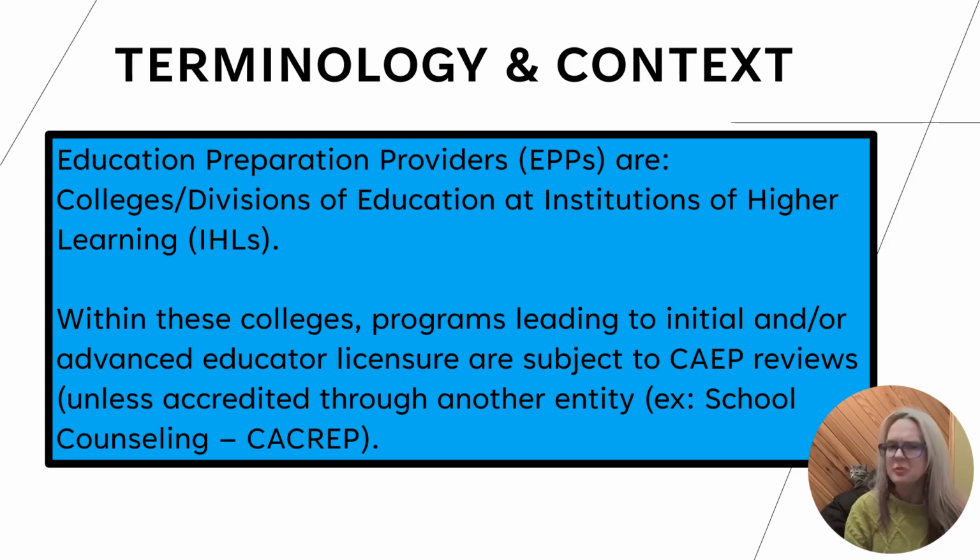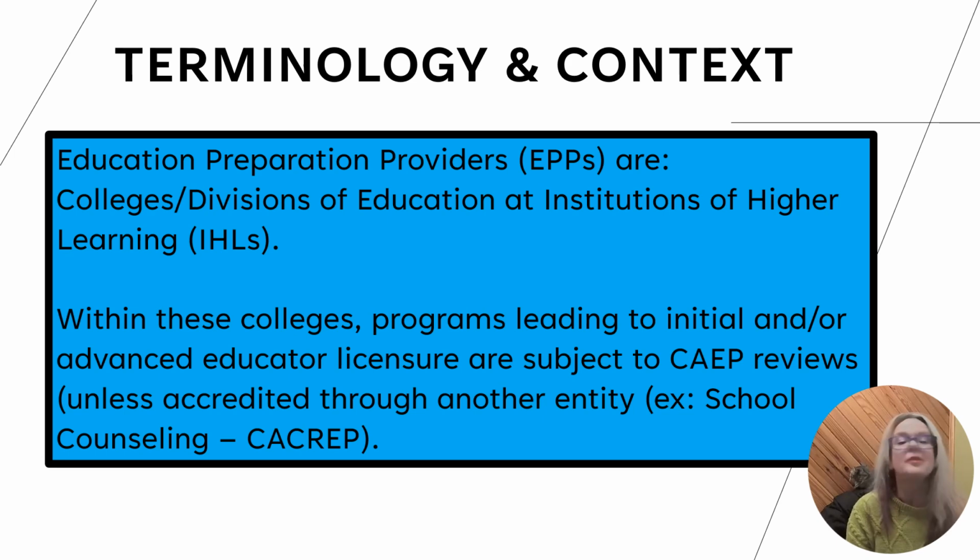Okay, so just a reminder that we love some acronyms as educators, and here's a couple. EPP, Education Preparation Provider. This is like the Division of Education, College of Education at a university.